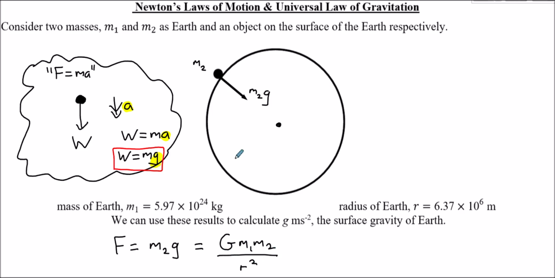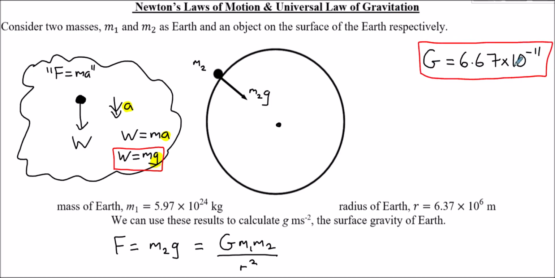And if you didn't remember from before, the magnitude of G was 6.67 multiplied by 10 to the minus 11. So this is part of the reason why one of the warm-up questions was getting you thinking about standard form in terms of very big and very small numbers.